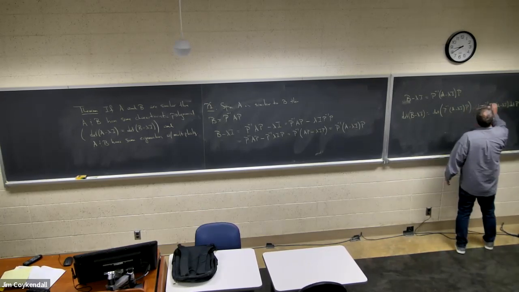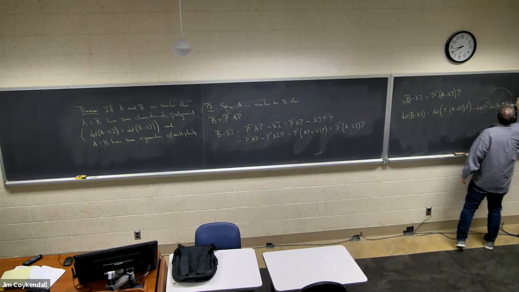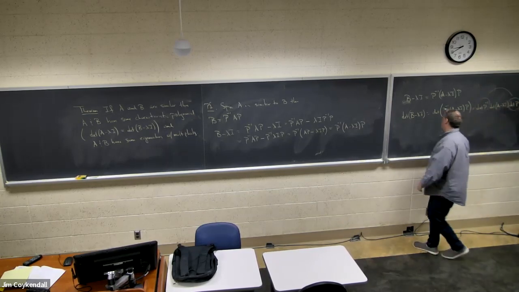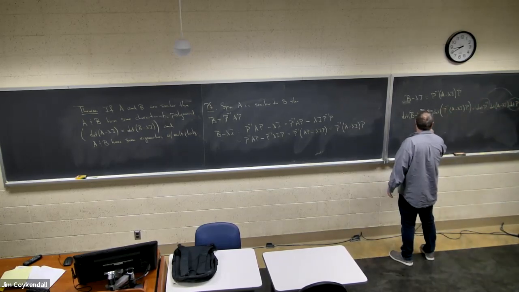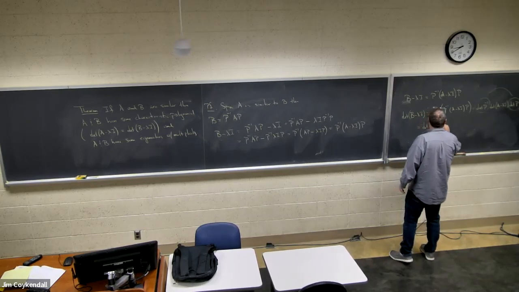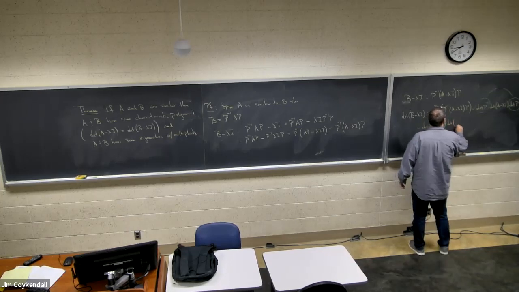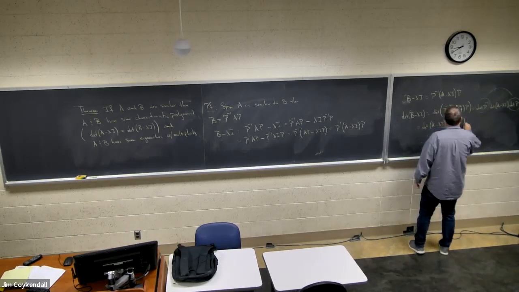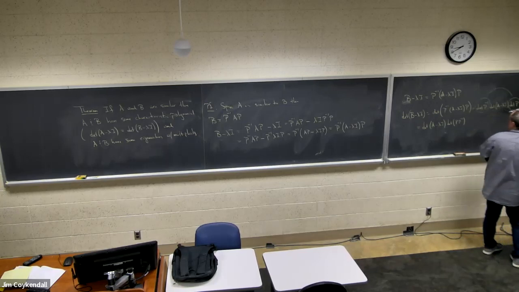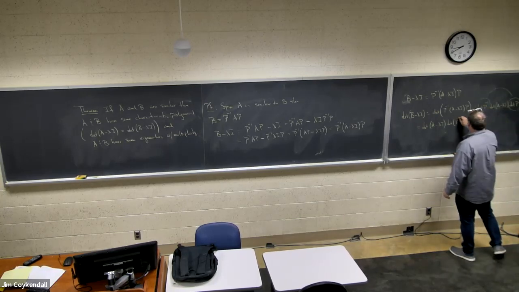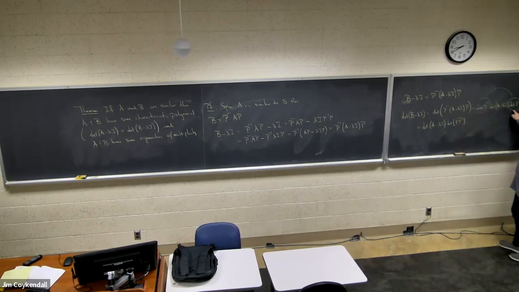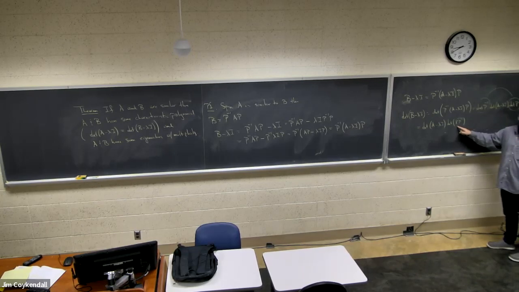And so this and this cancel out, because this is the determinant of A minus lambda I times the determinant of P inverse. So I can put this back together, P inverse P, and this is the determinant of the identity matrix.